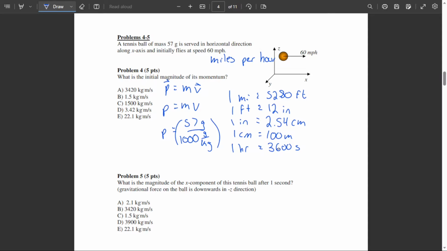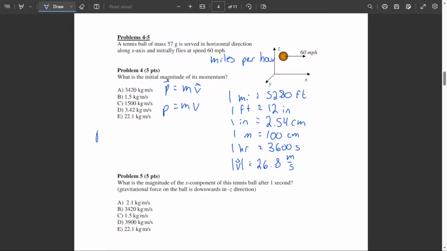I wrote this down wrong, I'm realizing. 1 meter is equal to 100 centimeters. And then 1 hour is 3,600 seconds, so we have to divide by 3,600. And I got, I'm going to rewrite this over, that the velocity is equal to 26.8 meters per second.